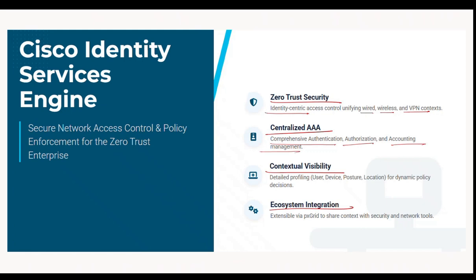All of that management is provided through the centralized AAA service. Contextual visibility provides detailed profiling of the user, device, posture, and location for dynamic policy decisions. Ecosystem integration is extensible via pxGrid, which is one of the personas. We will talk about that to share the context with security and network tools.